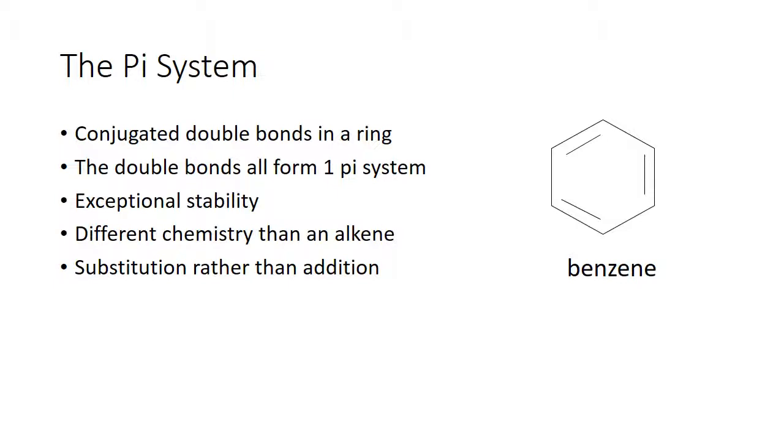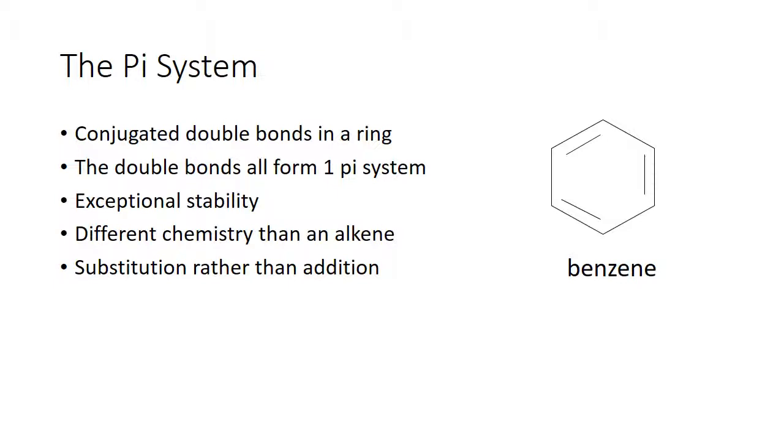So what do we see in a pi system that's aromatic? We see conjugated double bonds. Conjugated means alternating double bonds with single bonds. What that does, it gives all these p orbitals on each carbon in a row. So there isn't a carbon next to a carbon without each of them having a p orbital, if you can see what I mean.